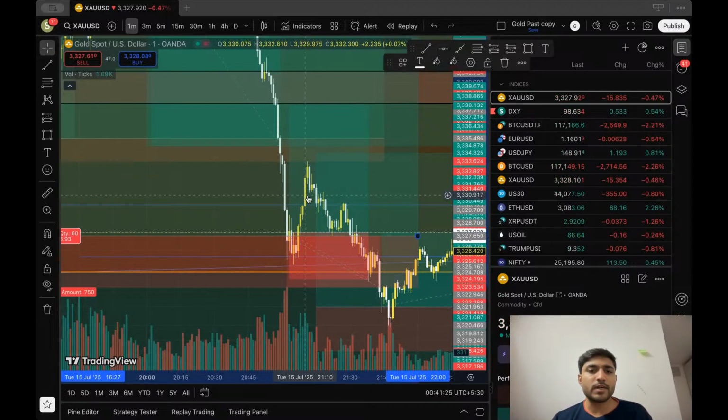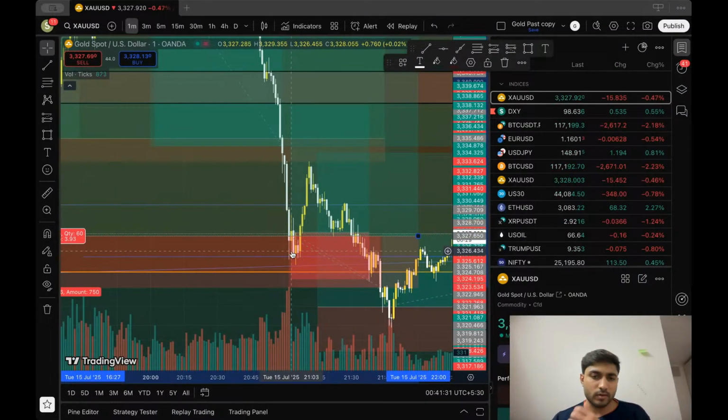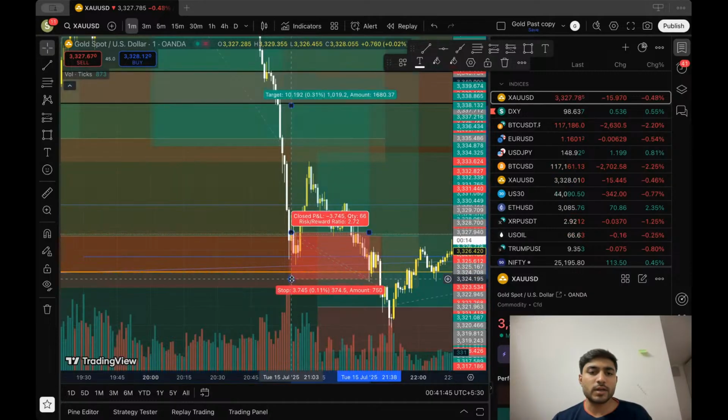Then we went risk free around this level, the 30 level, I think. Entered at 25, no, not 25, 27. We entered at 27.5. So I think after 40 pips, 31.5, we should have been at 30.5. We should have been risk free, right?